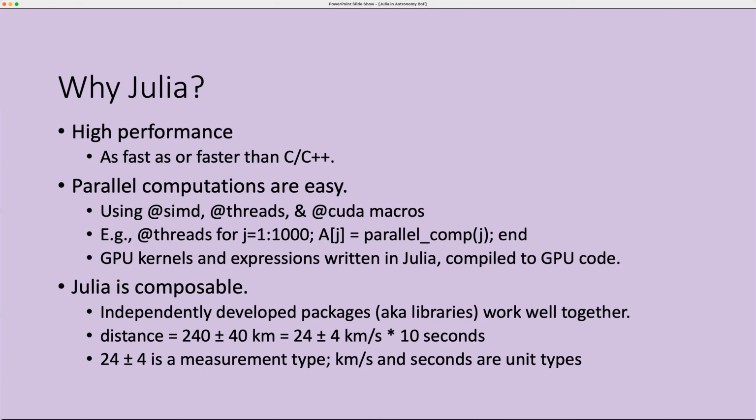If I multiply that times a unit of 10 seconds, then I get 240 plus or minus 40 kilometers. That's Julia code right then and there. It will do the error analysis for you. It keeps track of all the units, and it's just like what you would write down in a paper.